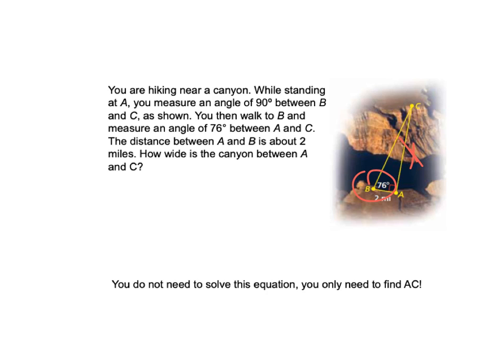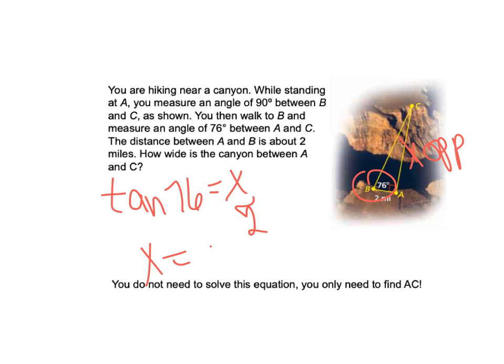So x is opposite, and the 2 miles is adjacent to it. Opposite and adjacent is going to be tangent. So we would say the tangent of 76 equals x over 2. We multiply tangent of 76 times 2, and we get approximately 8.02 miles across that canyon.